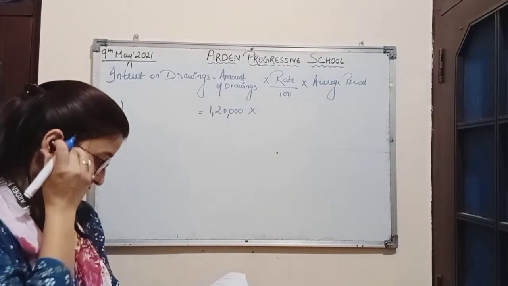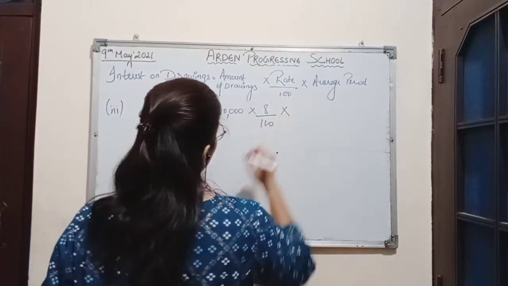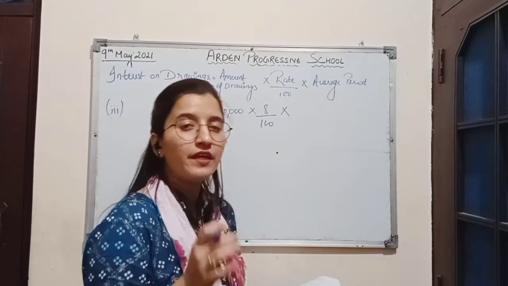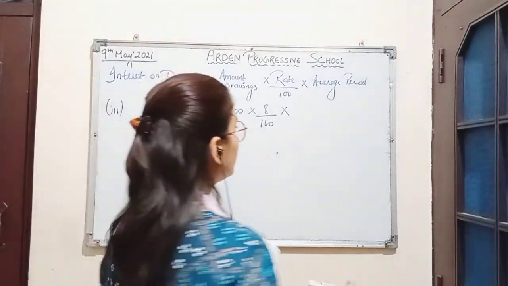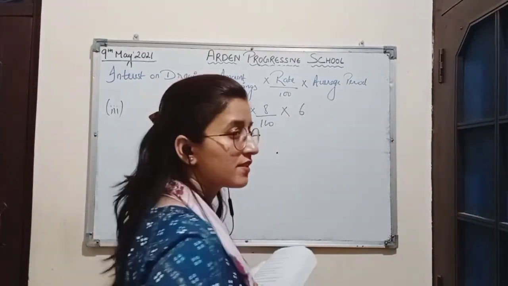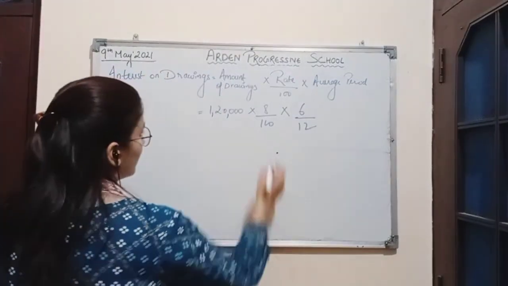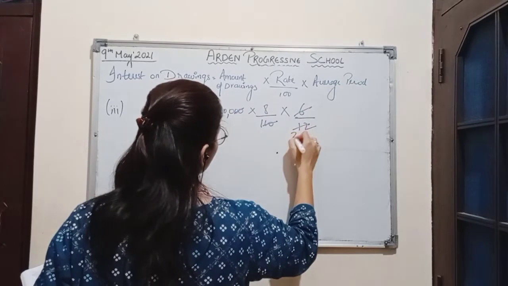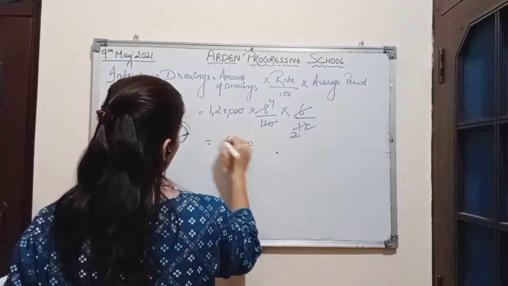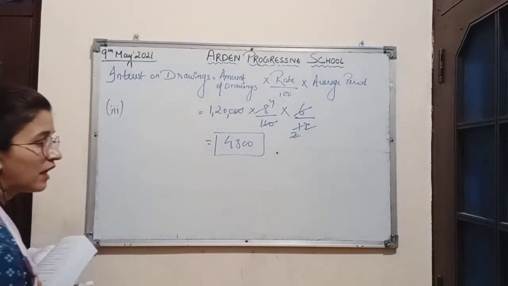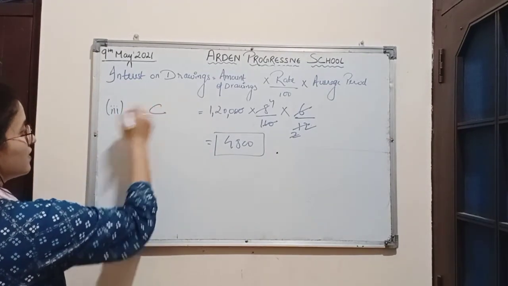Rate of interest on drawings is 8%, so 8 divided by 100 multiplied by the average period, which in the case where drawings are withdrawn in the middle of every month is 6 months. So 6 will be divided by 12. Now by calculating this, we will get the amount 4,800. So 4,800 is the amount of interest on drawings paid by C.